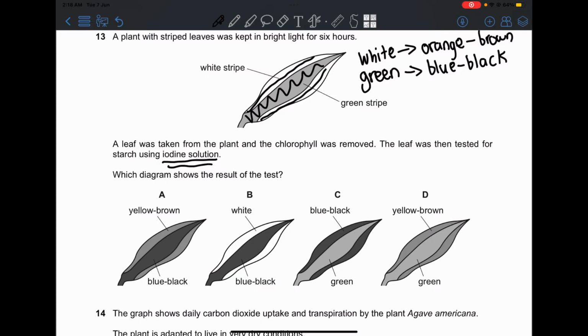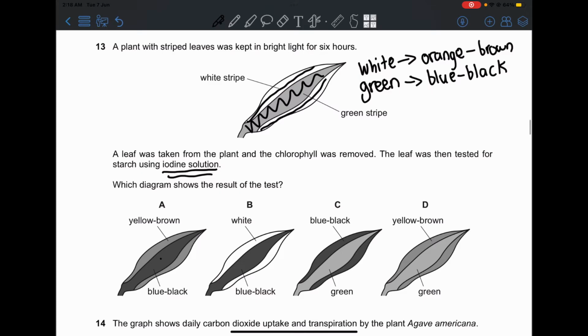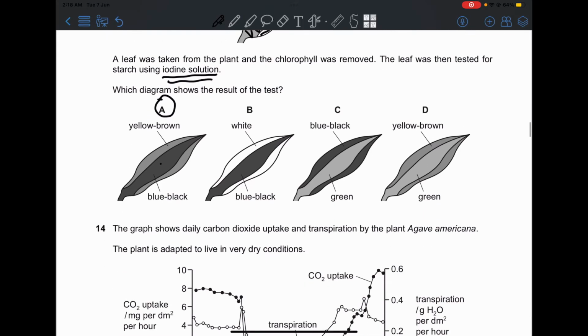So that is actually correct because over here it's the same. The green part is blue-black, and the outer part is yellow-brown or orange-brown. So we're going to be choosing A for this question because this is exactly what I have explained now.